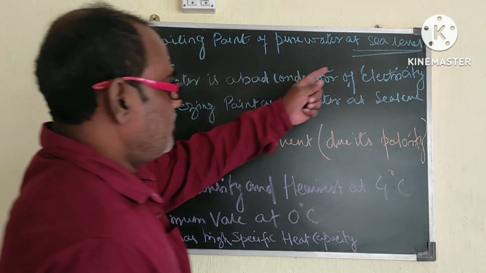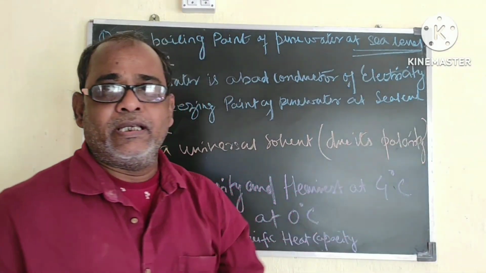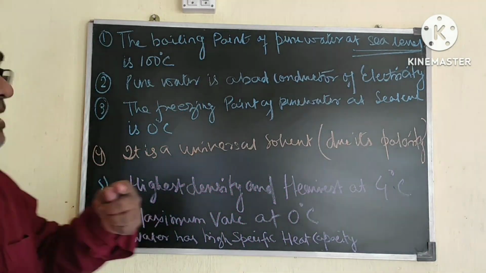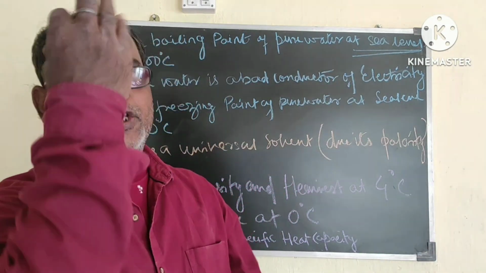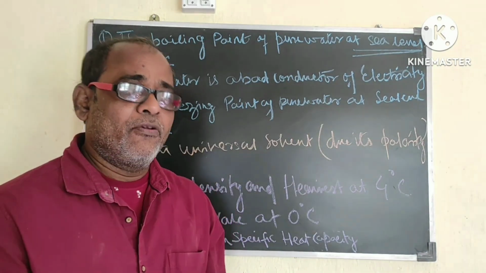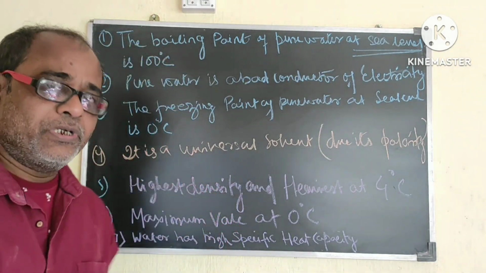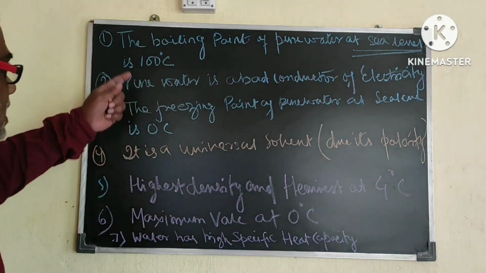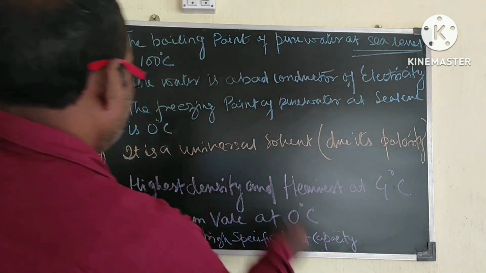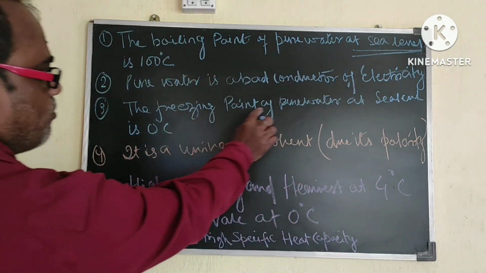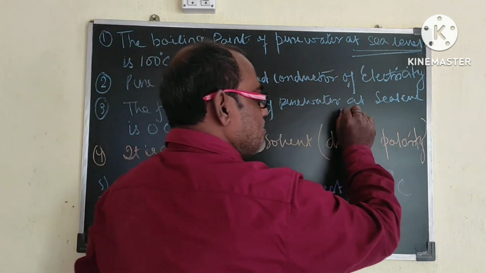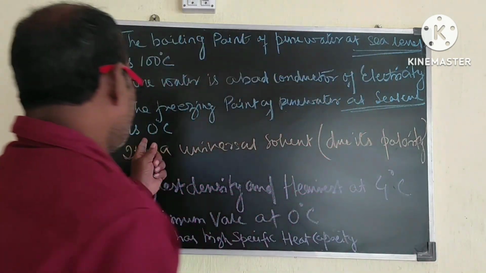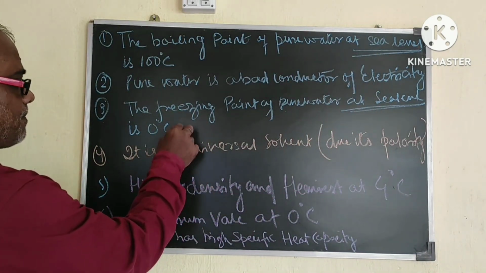Why is sea level written here? Because the boiling point changes with altitude, since it is proportional to the pressure of the atmosphere. Similarly, the freezing point of pure water, written in the third point, also at sea level, is 0 degrees Celsius.